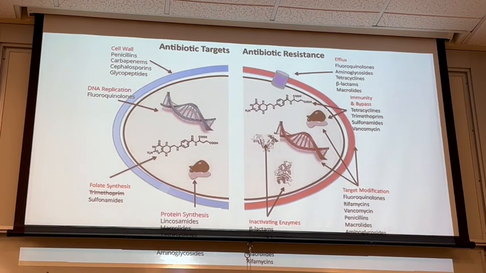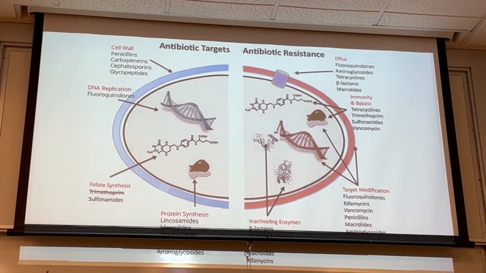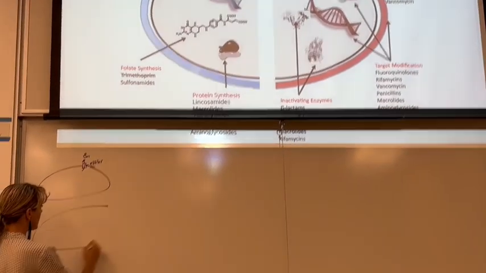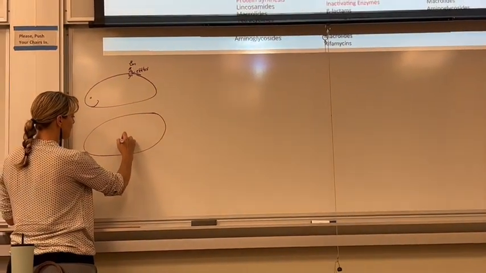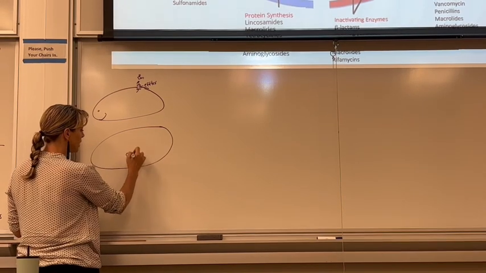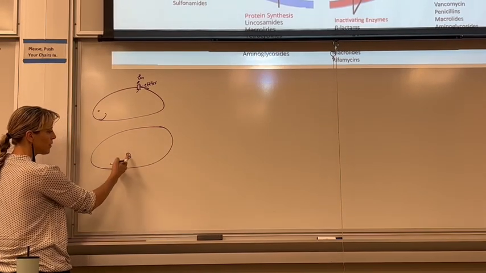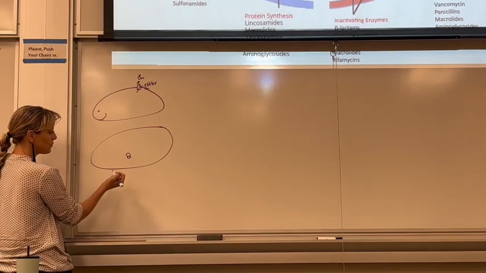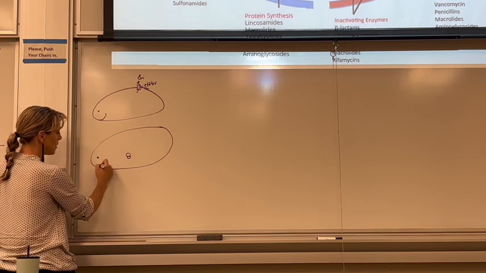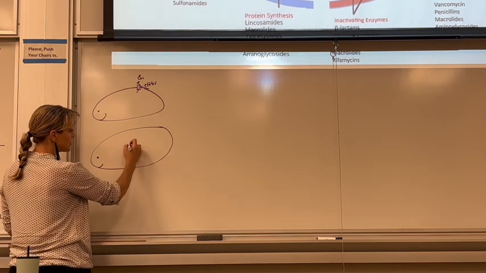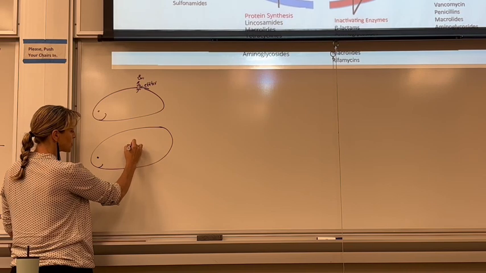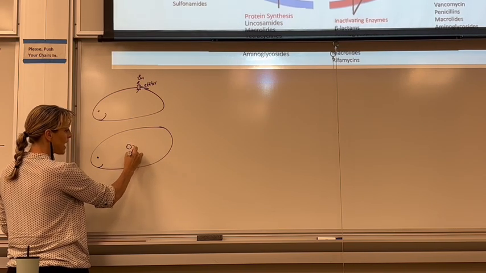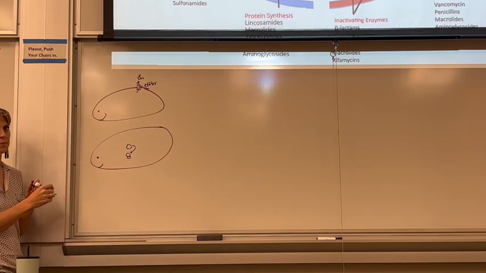Yes, so for example, what is one type of antibiotic that attacks a ribosome? An aminoglycoside. So here's an aminoglycoside structure, and this aminoglycoside is going to attack this ribosome.